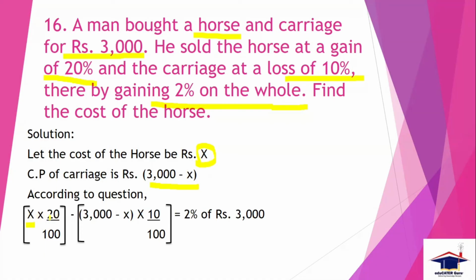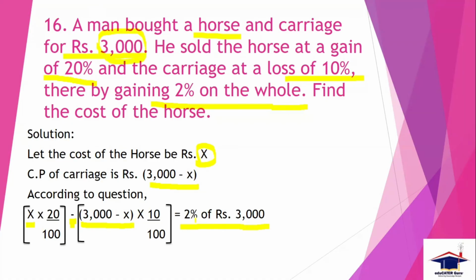So 20% is nothing but 20 by 100, then minus (3,000 minus x), the cost price of the carriage, into the 10% loss, so 10 divided by 100, is equal to 2% of 3,000. On the whole, 3,000 is the whole. So 2% of 3,000 is the right hand side of the equation.